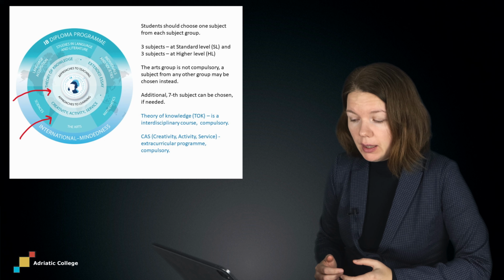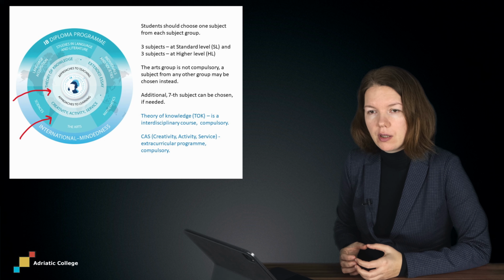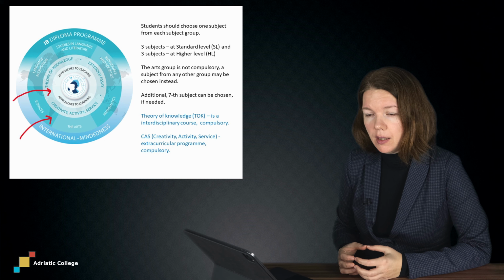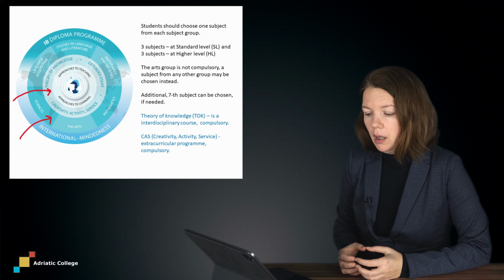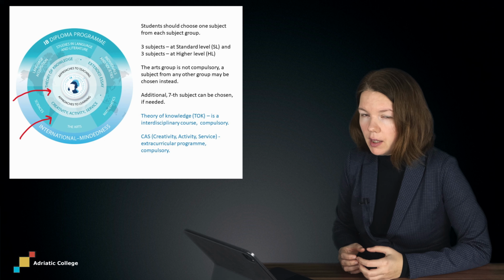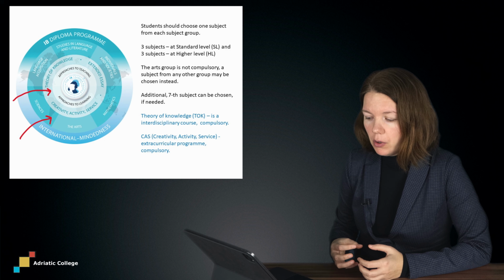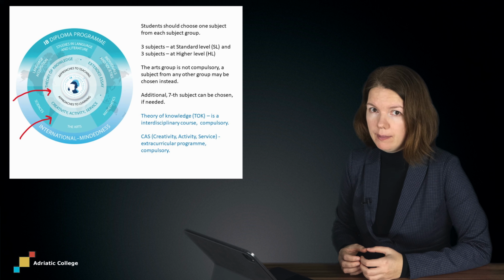They have 7 subjects in total, and sometimes this is because they just feel like choosing an additional subject because they like it, because they are ready to work additionally, and in some cases this is just because of the requirements from a university. When students have 7 subjects, they are to take 7 exams, and a higher score out of 2 subjects from the same subject group will be used to determine the total grade in their diploma.